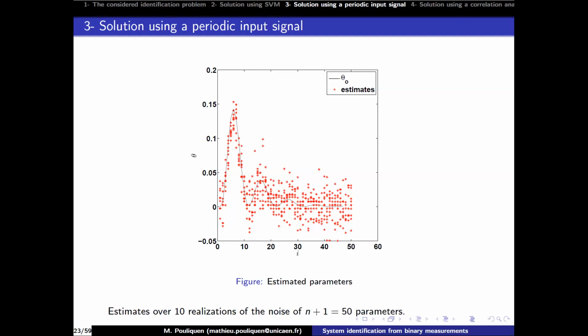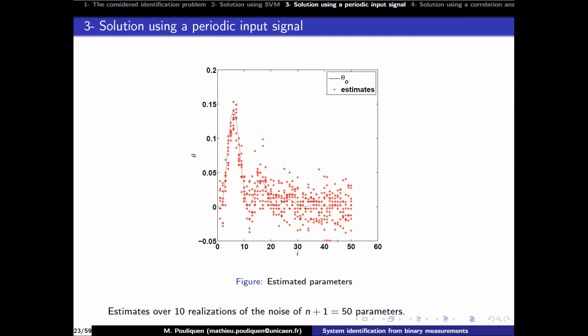My example is very confusing. Now it's more clear. I want to estimate the black line, and I realize 10 identifications, 10 realizations of the experiment.